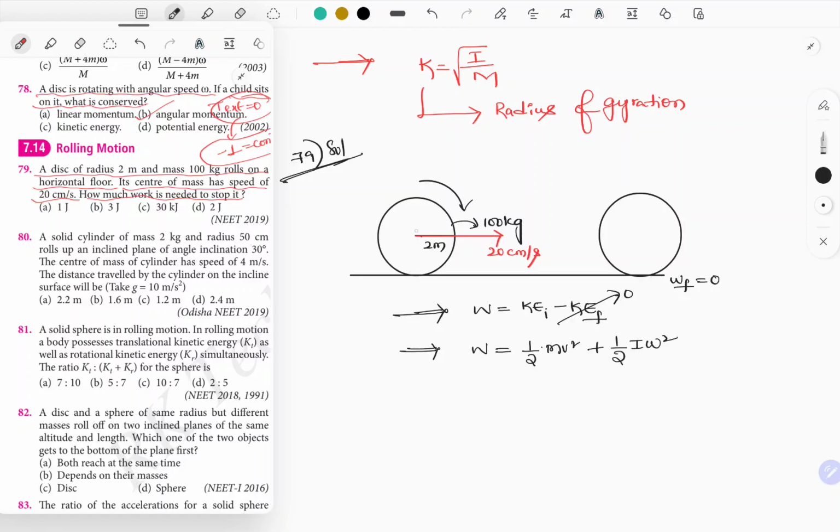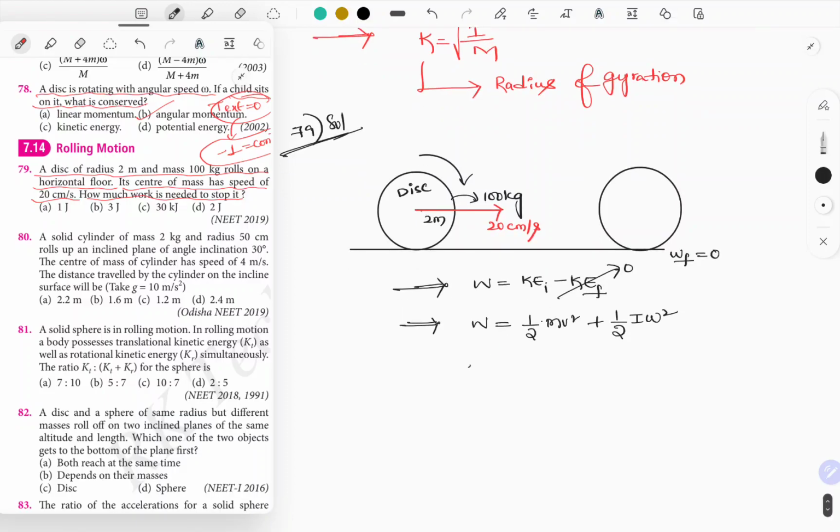Is this a disc or a ring? It is a disc. As this is a disc, moment of inertia is 1/2 mr². Let me substitute the values they have given. Mass is 100 kg. Velocity is 20 centimeter per second, which is 0.2 meter per second. 0.2 squared is 0.04.